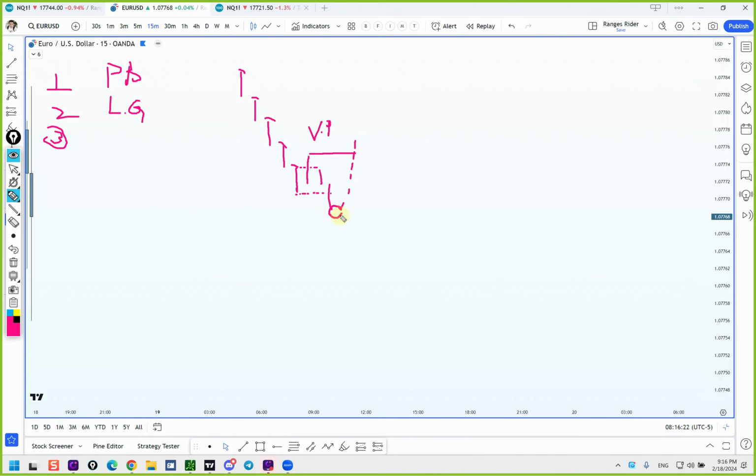So we will just put a dot here. We know that our range start or end, depending on where we are in the range, is at least confirmed here for the QM. So always you need to see the three elements, and the most important element is the valid pullback.